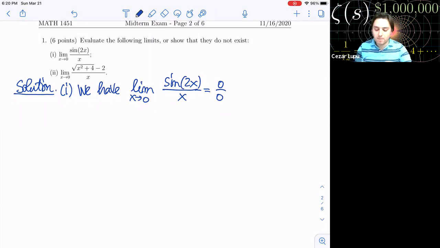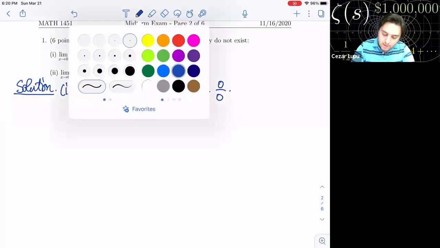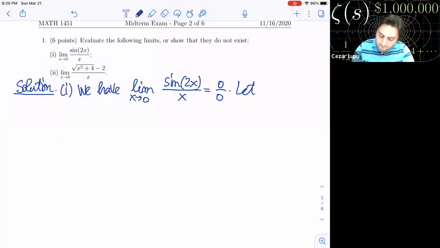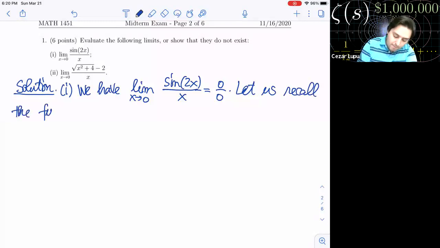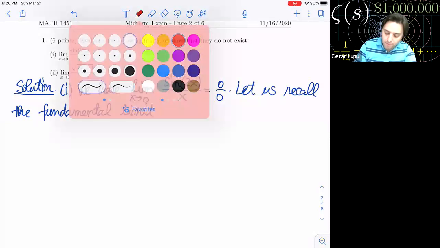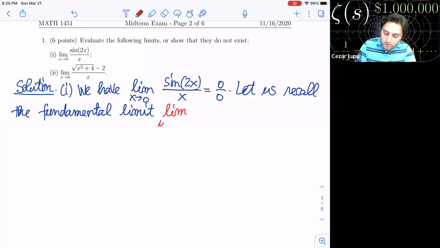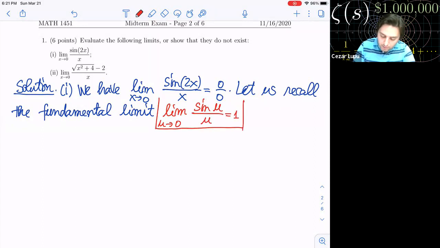So let us recall the fundamental limit. It is the limit as u approaches 0 of sine of u over u equals 1. We've done this and talked about this over and over again. That's the fundamental limit that we would like to use in this case.